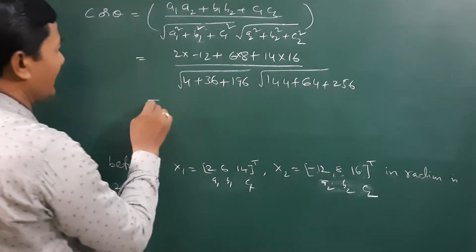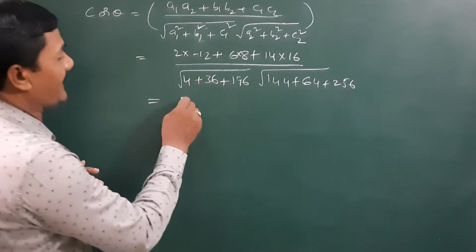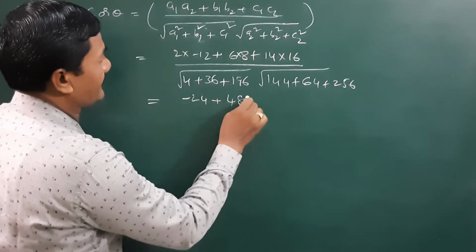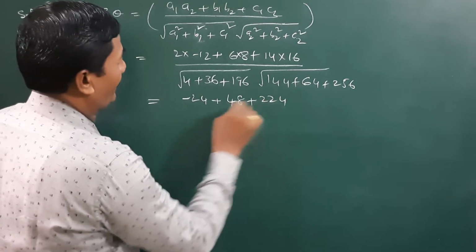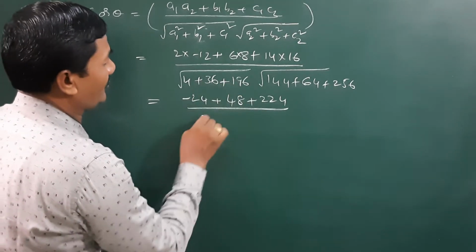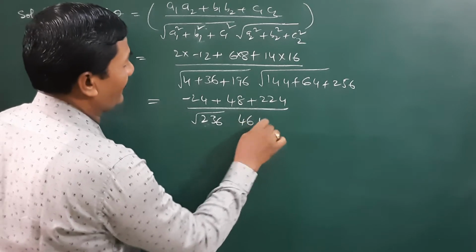This is the value, right? You can simplify this: minus 24 plus 48 plus 224, by adding this, 248 over the square root of 236 into 464.